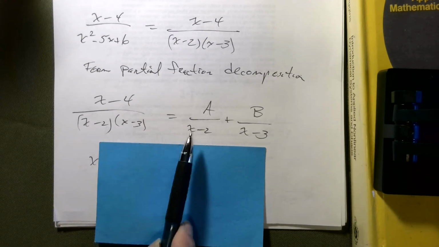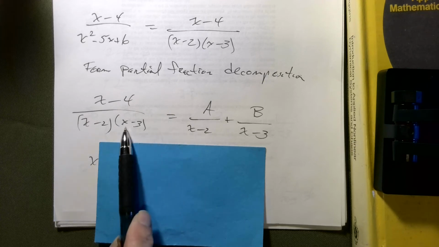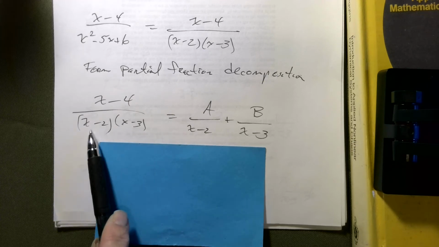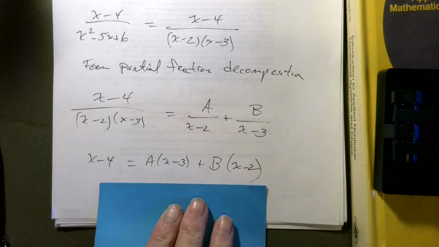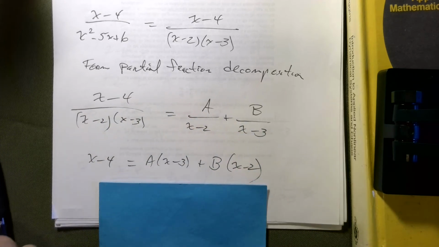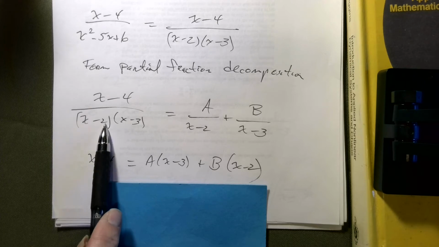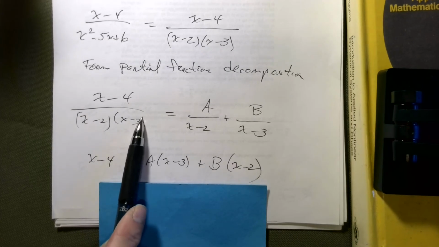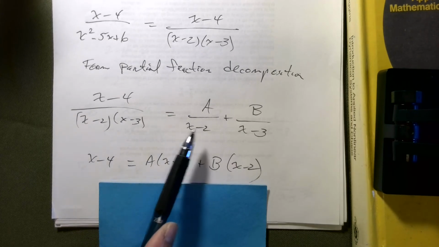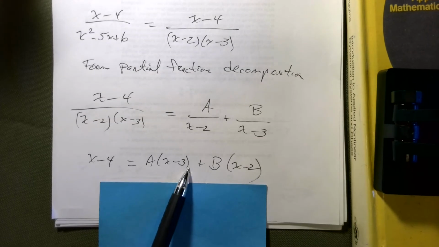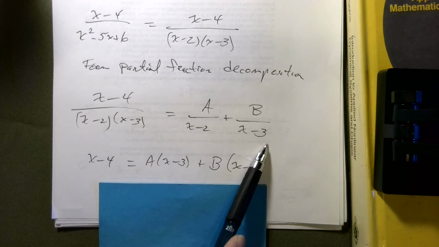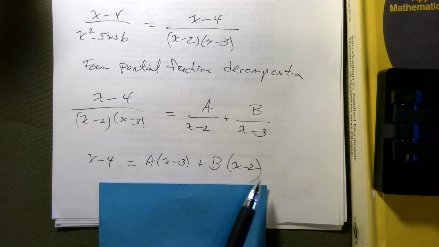I do not want to work with fractions, so I'm going to multiply by the least common multiple, which is x minus 2 and x minus 3. So if I multiply both sides, the x minus 2's and x minus 3's cancel. The x minus 2's here cancel, I'm left with x minus 3. The x minus 3's cancel, and I'm left with an x minus 2.